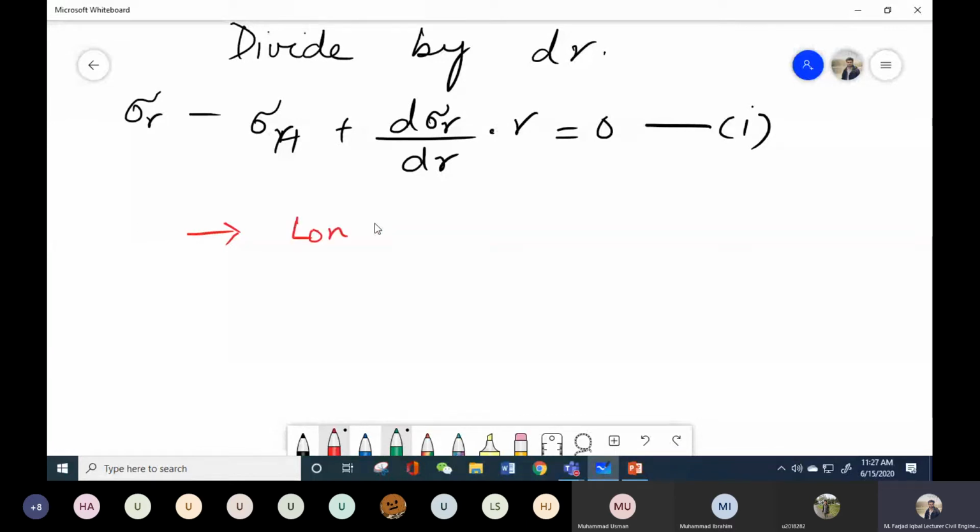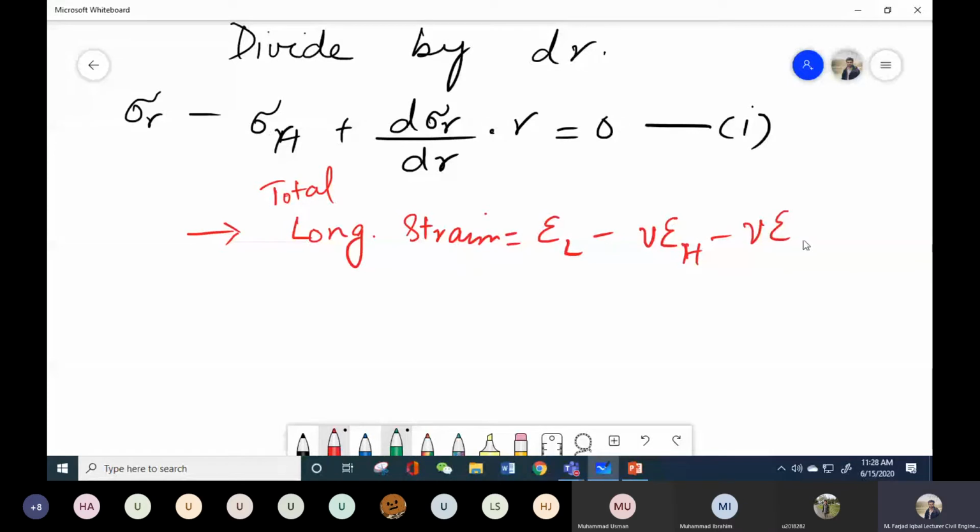For the longitudinal strain, the relationship was: the total longitudinal strain will be the longitudinal strain minus the strain due to the hoop direction and minus the strain in the third direction, that is the radial direction, right?